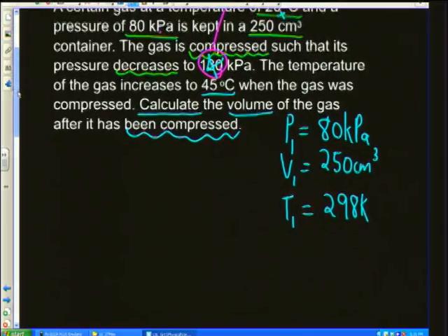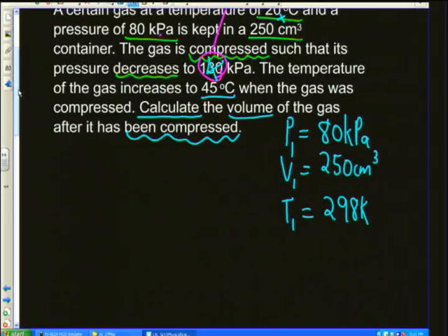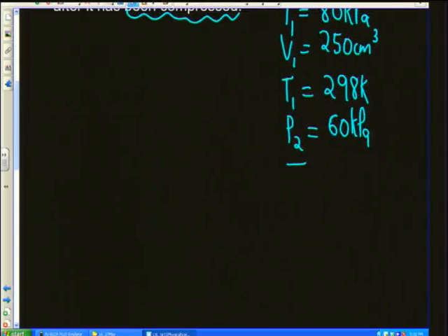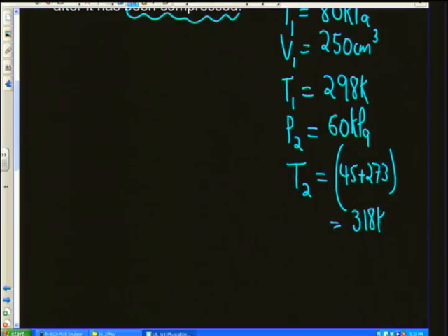Then you have the second part. You are told that it is compressed such that the pressure comes to 60 kilopascals, and then the temperature increased from 20 degrees to 45 degrees. That will be 45 plus 273, which gives you 318 Kelvin.